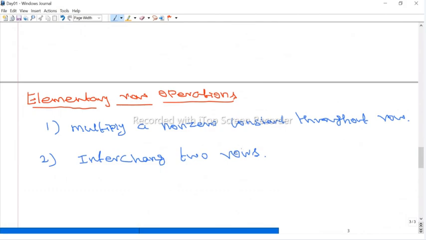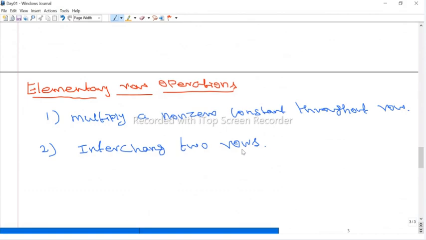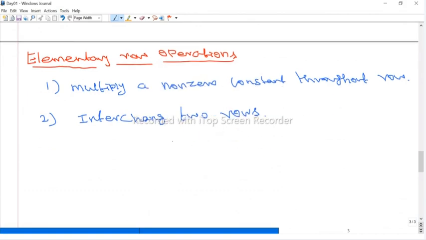So if you are interchanging the first row and the second row, that is an elementary operation. Suppose you are multiplying the first row by 5 or the second row by 8. These are all elementary operations. And then the third kind is you can multiply one row and add it to another row.